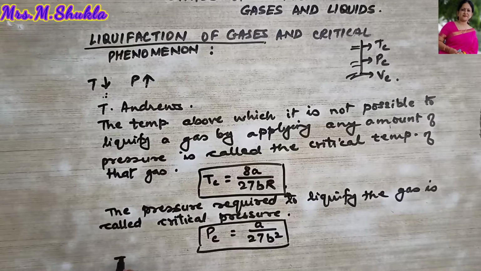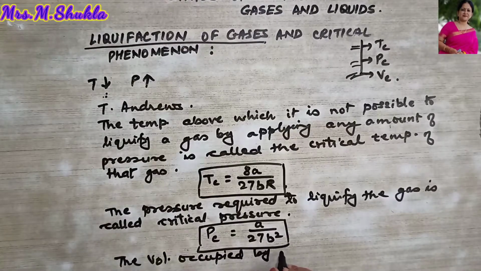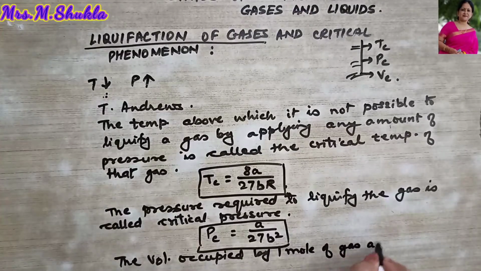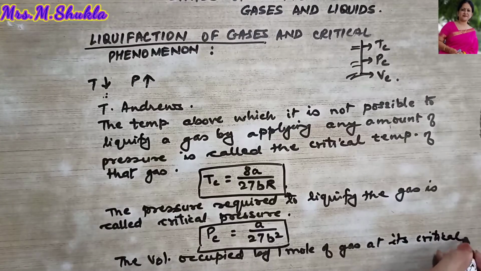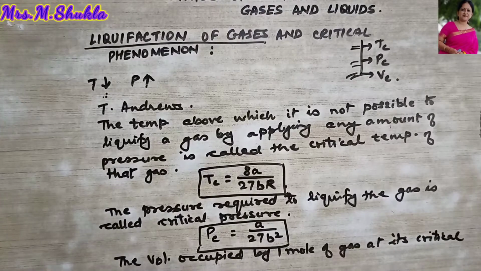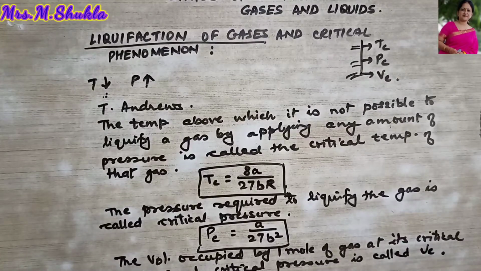I'll write over here the volume occupied by 1 mole of gas at its critical temperature and critical pressure is called your critical volume of the gas, right?